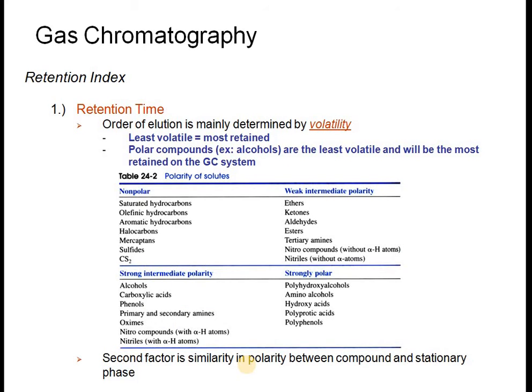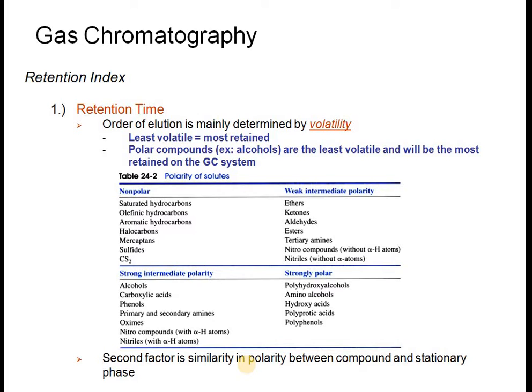Retention time. The order of elution is mainly determined by volatility. Least volatile is most retained; most retained is least volatile. Polar compounds such as alcohols are the least volatile and will be the most retained on the GC system.